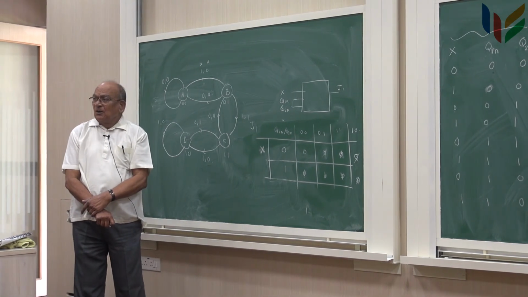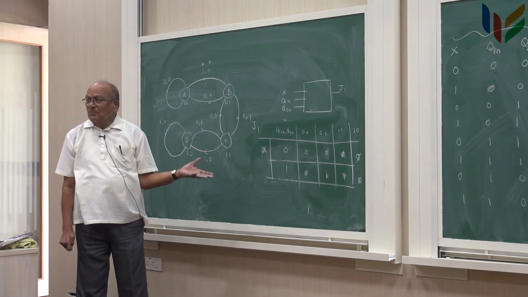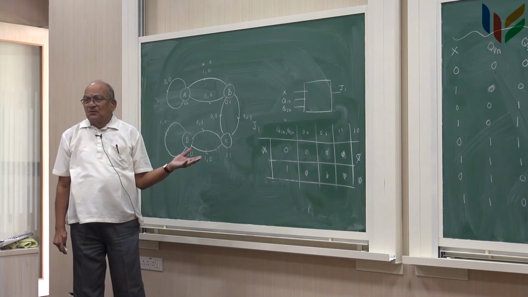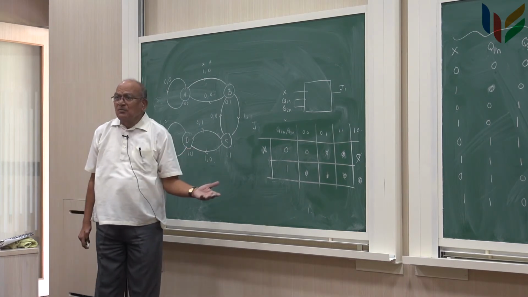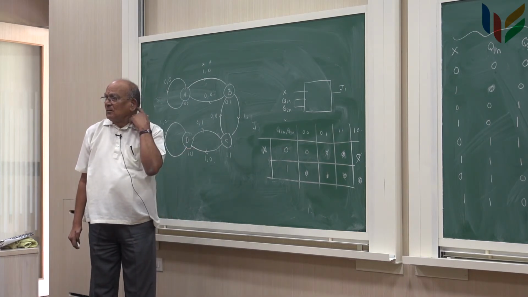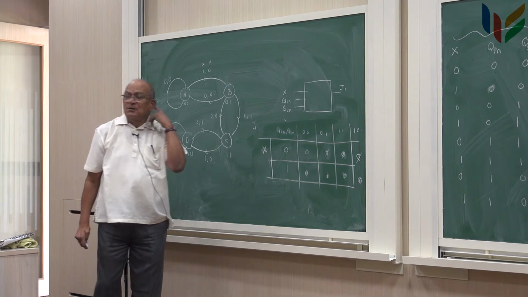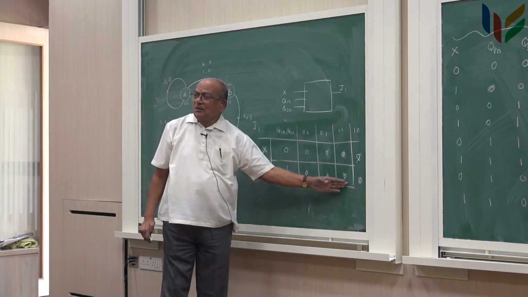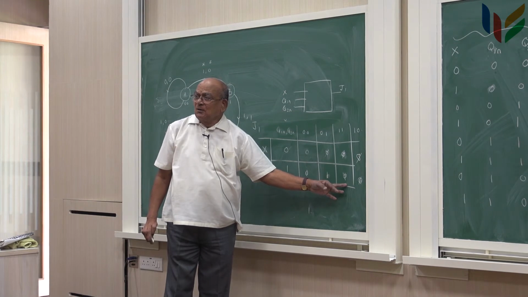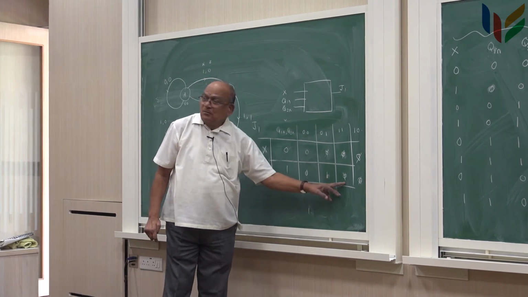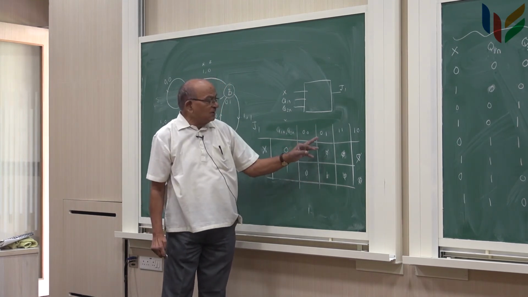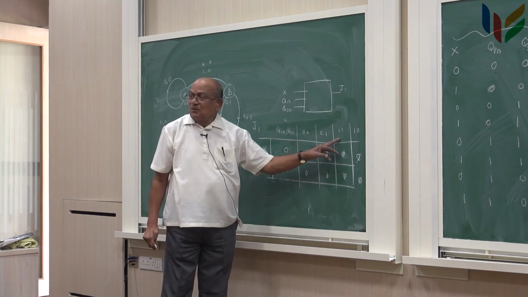Okay. Now you have to minimize this Karnaugh map. So what minimization can I do? Since I have a don't care condition here, I can choose this as 1. Then 1 and 1 will cancel the 0 and 1 situation.